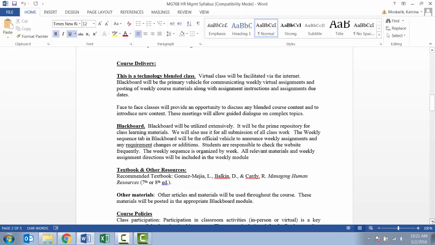There is no required textbook for this course. The recommended textbook is the Managing Human Resources text that the bookstore has. You can get the 7th or 8th edition. The changes were extremely minimal, so either edition would cover the content. If you do not buy this textbook, you will not have an issue completing assignments or doing the discussions.